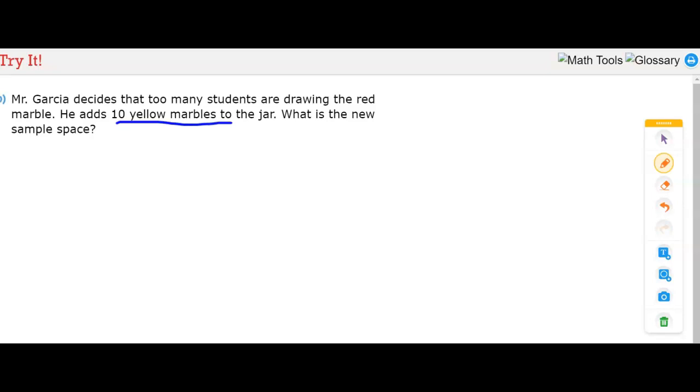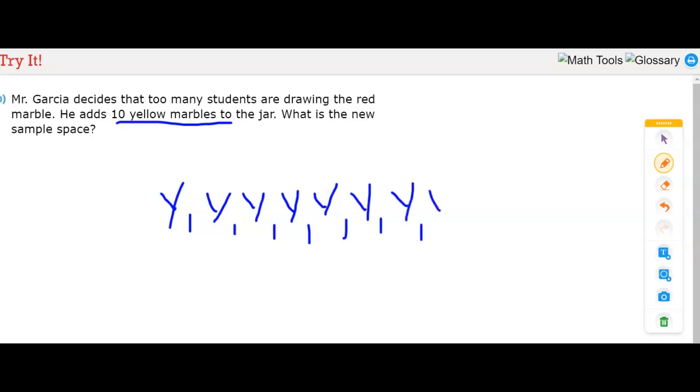So you would add to the quantity that was in the example, Y, Y, Y, Y, Y, Y, Y, Y, Y, Y, all 10 Ys to stand for the yellow. And again, you would just be adding that to the sample space from the example.